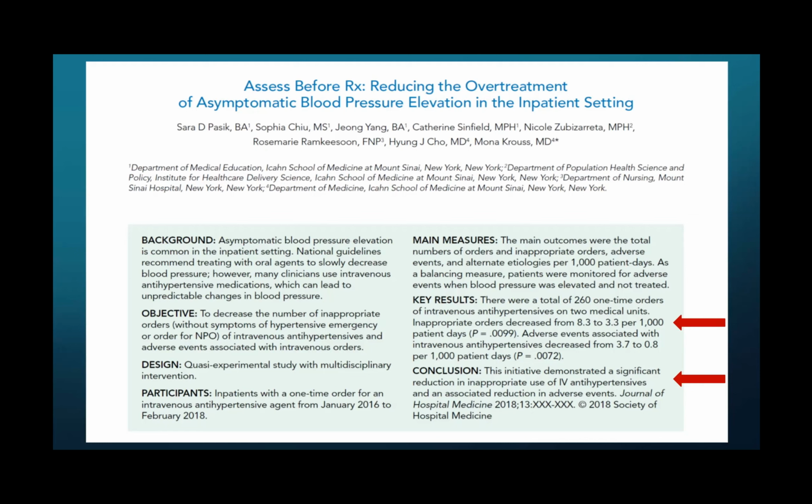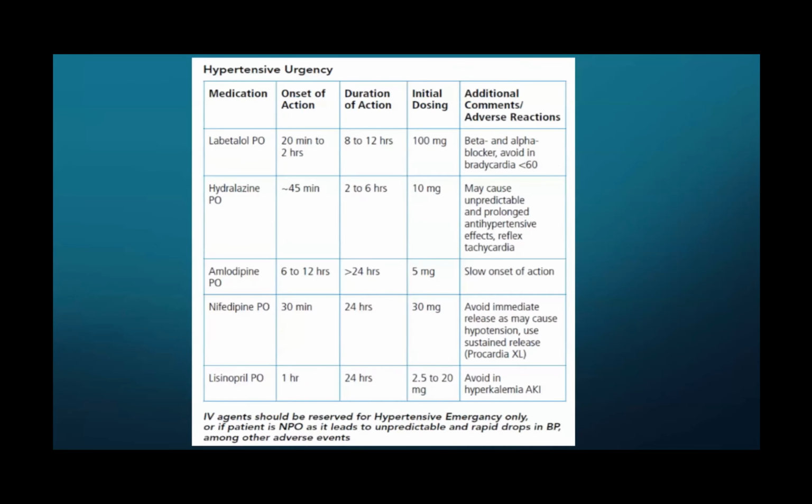It's very erratic. They can cause your blood pressure to drop too low. So if you are not worried about any evidence of end organ damage, if this is just a patient who has an asymptomatic elevation in blood pressure, you ideally want to start with an oral agent. Now, in terms of what medications you can use, there's literally a number of different options.